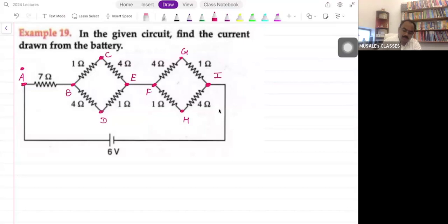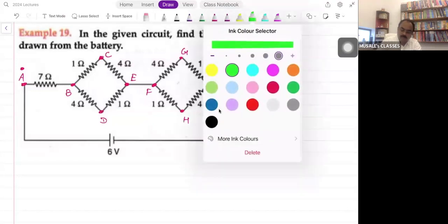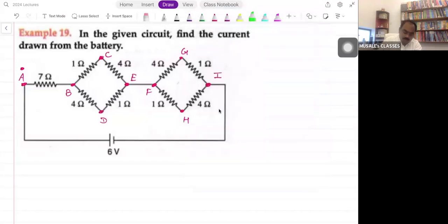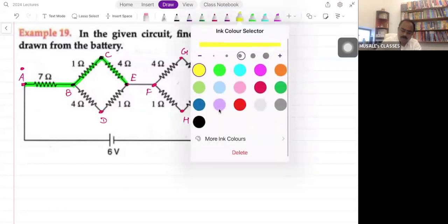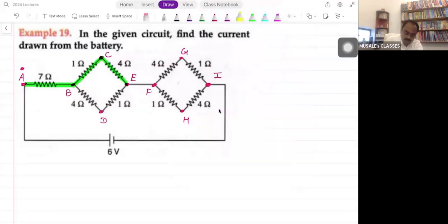Now look at this. When this current was coming like this, here it is getting divided. So here it is flowing this way and this way.